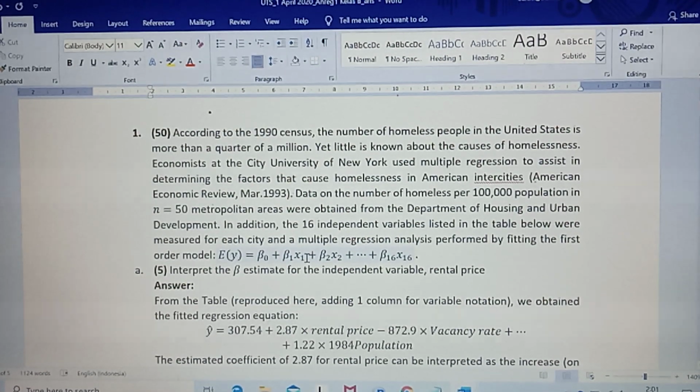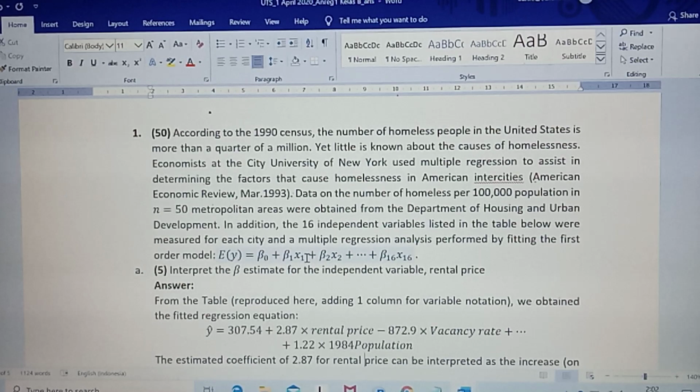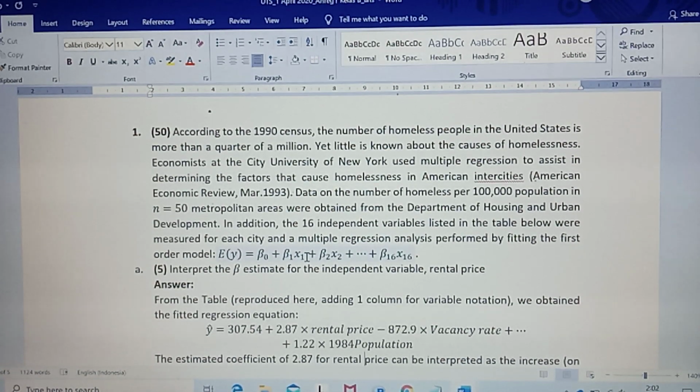Question number 1 was 50 points out of 100 points. Based on the questions, we have the data on the 1990 census in the United States about the number of homeless people. That would be our response variable, the Y variable, and it is thought that this number of homeless people can be explained by 16 independent variables.